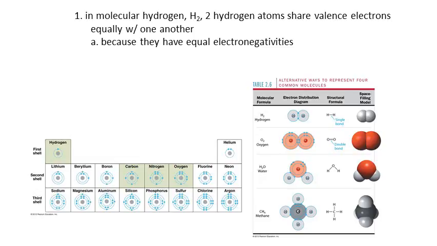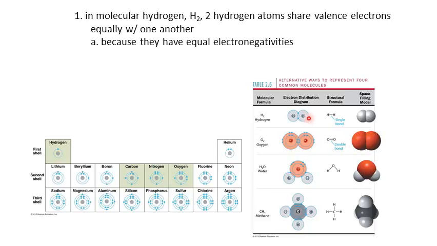Here's the thing, though. They're going to share, and I'm going to go over here to this table 2.6. Each hydrogen atom will share their electron equally. So these 2 shared electrons will spend equal time near this proton and equal time near this proton. The reason for that is that the attraction each atom can exert on the shared electrons is equal, and the term for that is electronegativity.